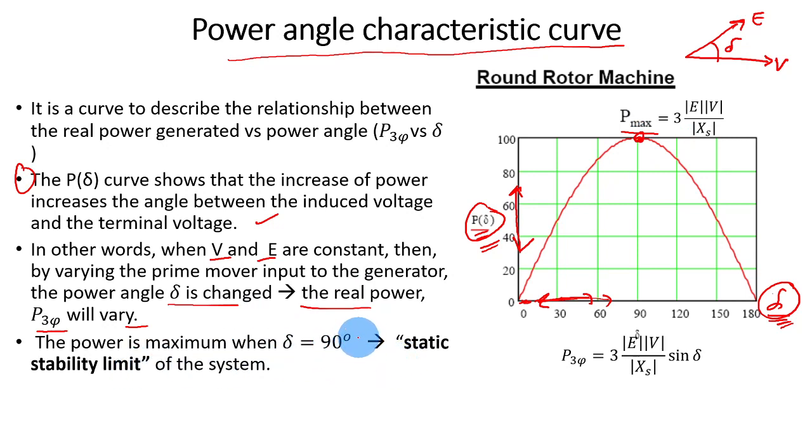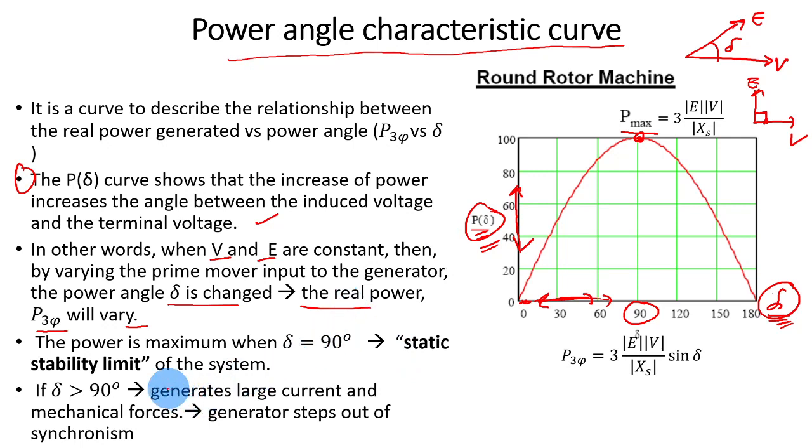Stability is not covered in this topic. It's actually a very large topic to explain, but just accept for the time being that at angle delta equals 90 degrees, when the angle of V and the angle of E is exactly or very close to 90 degrees, the generator will experience the static stability limit.